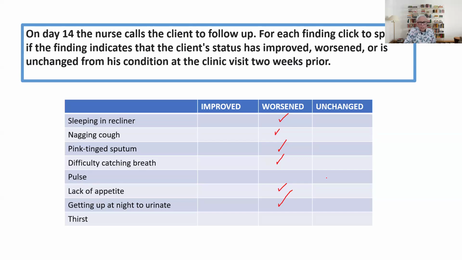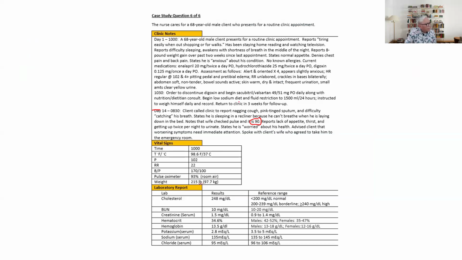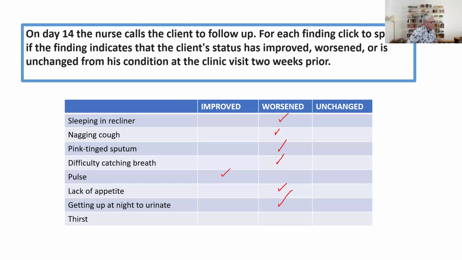And so this is unchanged, or even improved, I should say, because it was 100 something before. It was 102 before, and now it's 90. So that's an improvement. And the thirst, there's no statement relating to thirst, and so this would be unchanged.